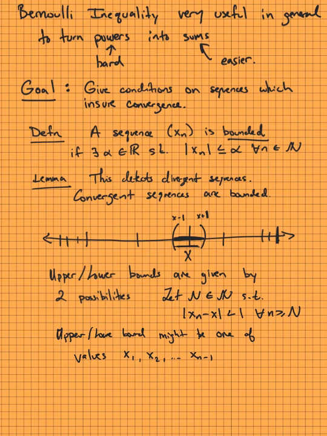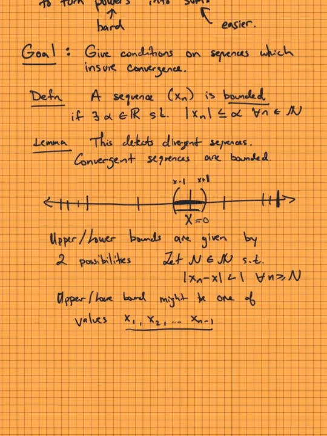So that can happen. The sequence can jump around terribly before ever becoming convergent. So x might be 0, but as far as you can tell, the 10th term of the sequence was a googol. And that's the upper bound. But there's only a finite number of elements on this list. You can just detect by taking the minimum or the maximum what the better bound is going to be.